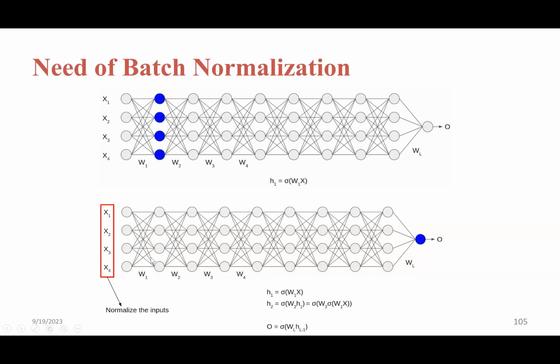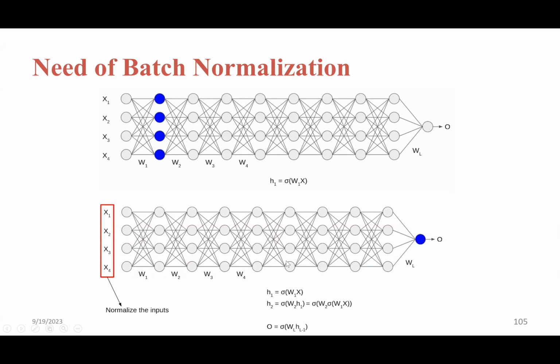Now, this is your first hidden layer. The output of this first hidden layer is multiplied by the weight vector W2. Then again it is given to some activation function in the second hidden layer, and then you get the output at the second hidden layer. So here you can see W2 into H1, and H1 is this.